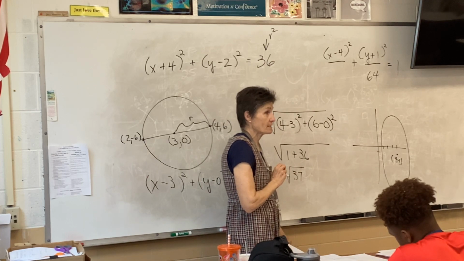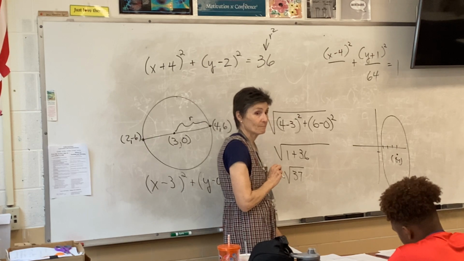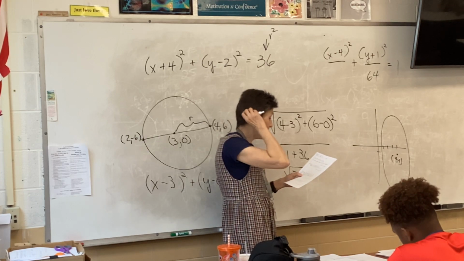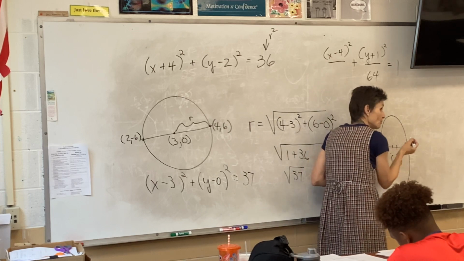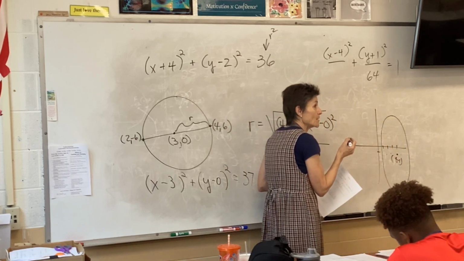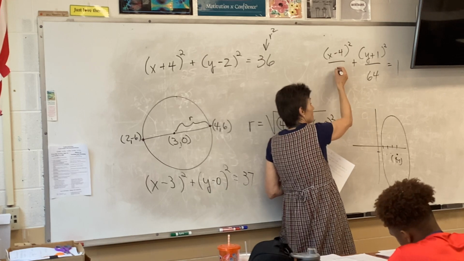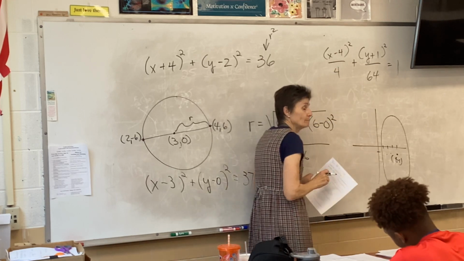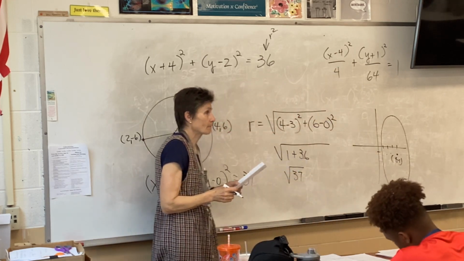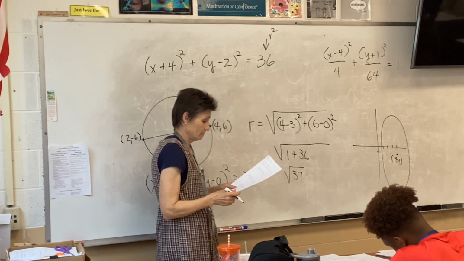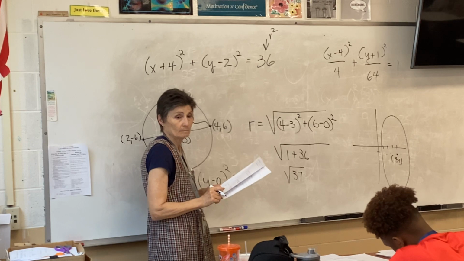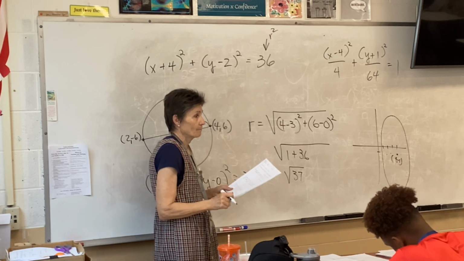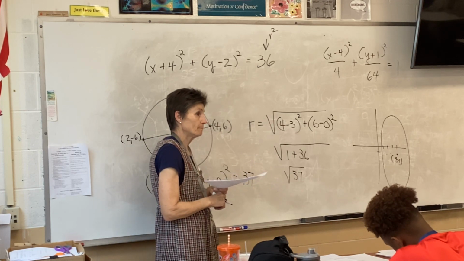Square root of 64 is 8, right? And then my minor axis, I'm going back and forth 2, which means under x is 4. That okay?